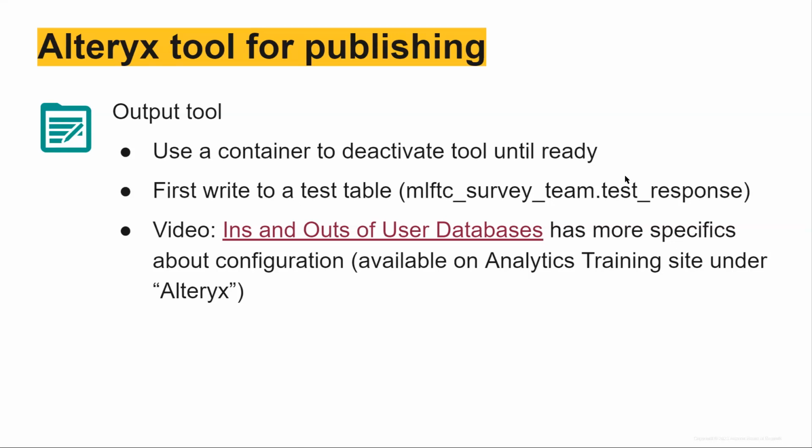You can just create a test table by putting test in front of the table name, particularly if you're updating a table that already exists. You run it to the test table first, make sure it's doing what you think it is, not overriding rows that you don't want it to. And then you can go into DBeaver, run some queries on it, make sure it looks good, and then you can change it to output to the real production table.